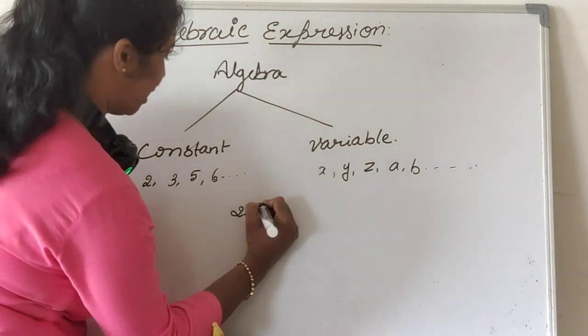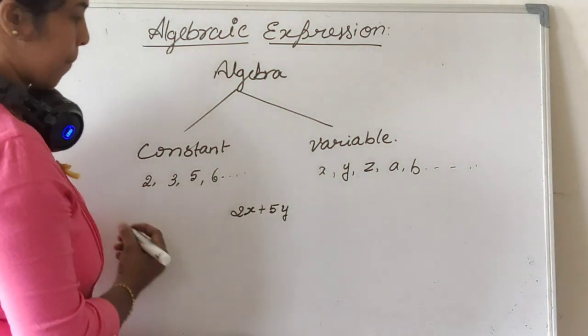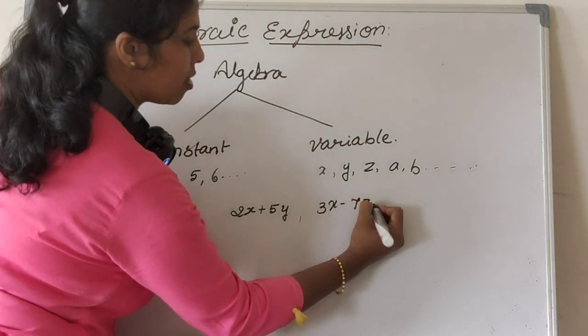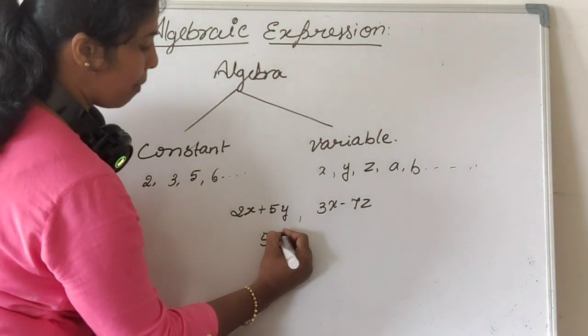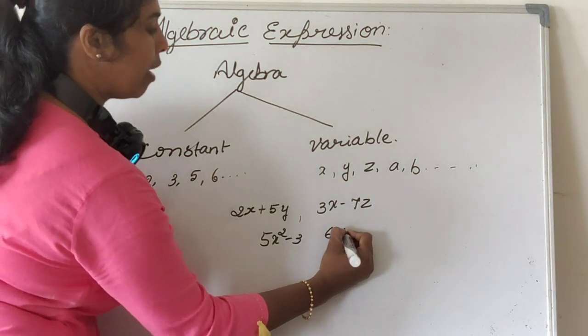Or I can write like this also, 2x plus 5y, or 3x minus 7z, or 5x square minus 3, or 6xy.